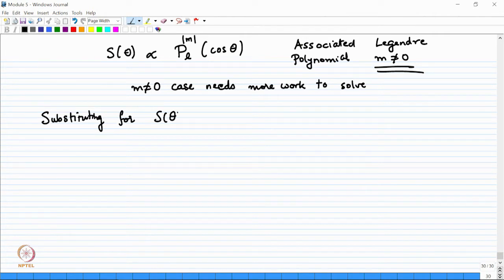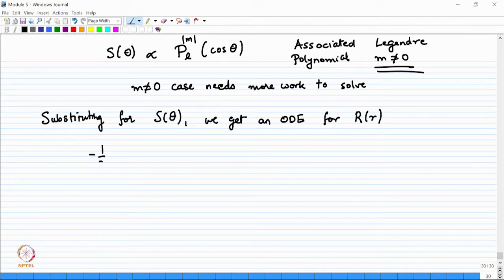So substituting for S of theta, we get an ODE for R of r. The ODE for R has this form.